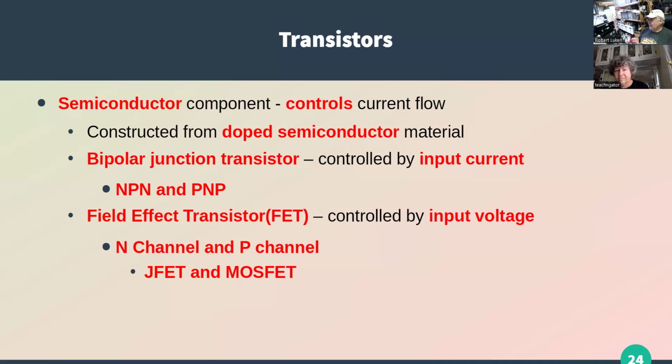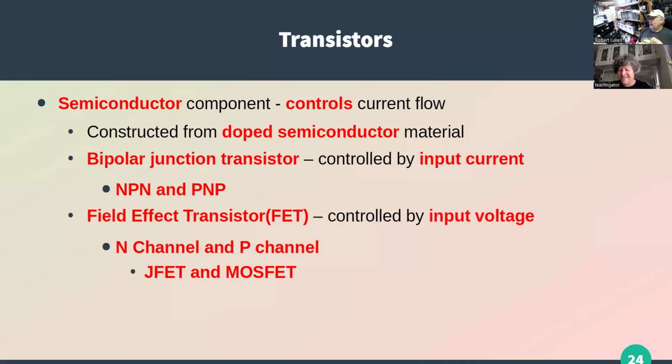And we can have two types: we can have a PNP or we can have an NPN. It's just whether it has two pieces of P-type material on the outside and N in the middle, or just the opposite. And they behave oppositely. So that's called a basic bipolar junction transistor.